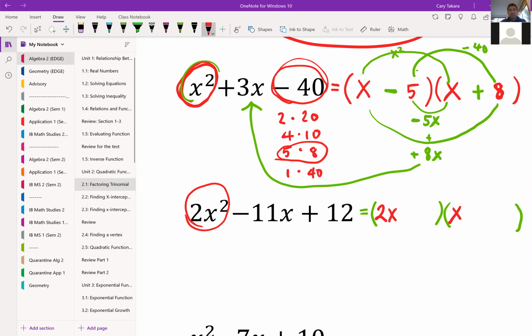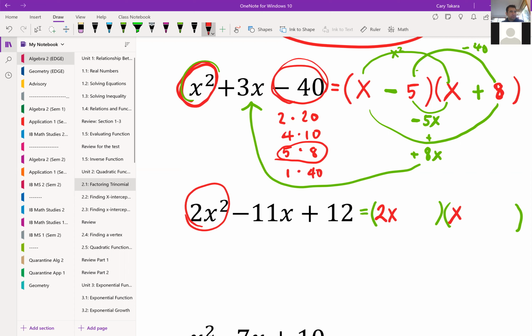When you distribute, it's 2x times x. Then you get 2x squared. I mean, you could write x times 2x. That will be okay too. But let's write down 2x and x, okay?